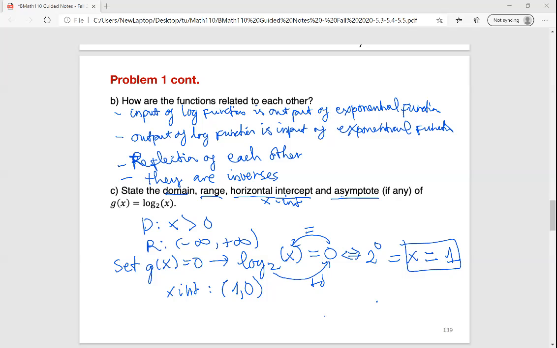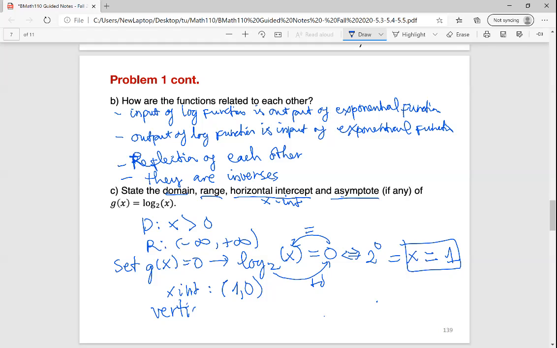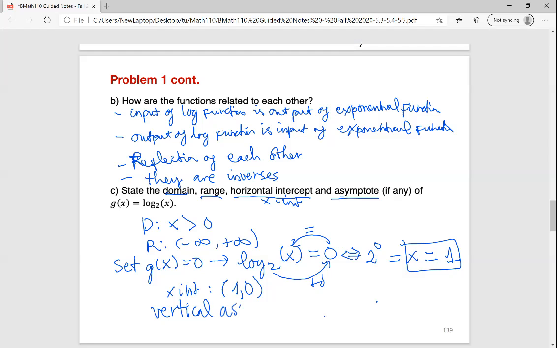Now for the log function, it's going to be a vertical asymptote because they are inverses of each other. So asymptote.